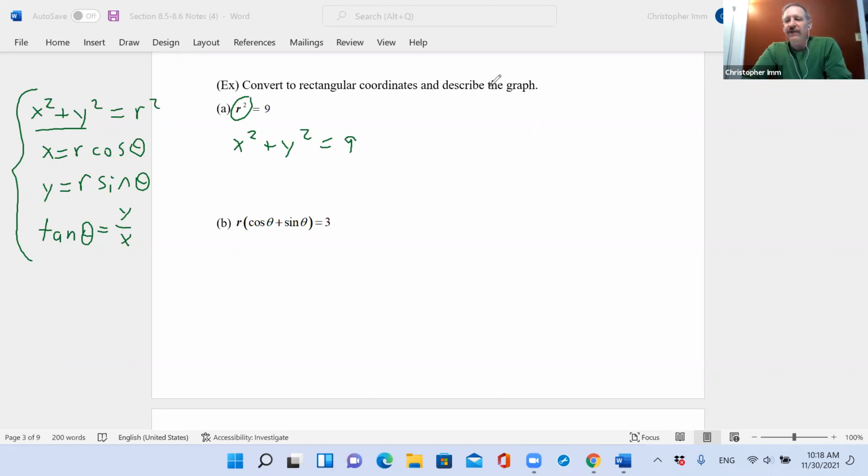So this one wouldn't be a function in rectangular coordinates, but would you know what that graph looks like just knowing about rectangular coordinates? So x squared plus y squared is equal to 9. Let's try to plot it with rectangular coordinates.